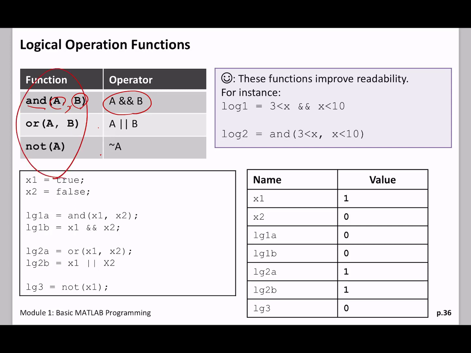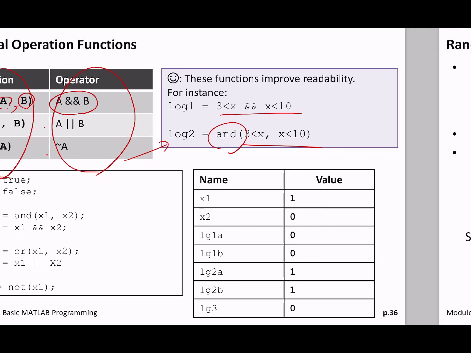So when do we use the operator? The good thing about the function is, if you list many operators in one line, it's not obvious what the process of this expression is. But if you use the and function, it's much more readable and much more clear, right?